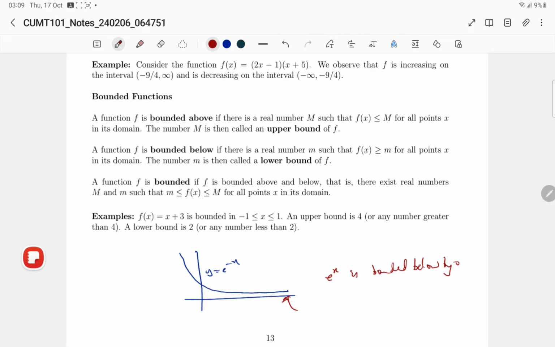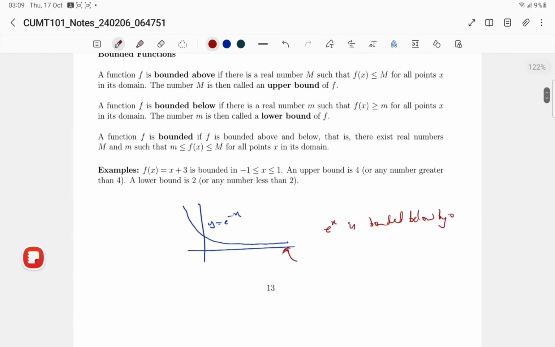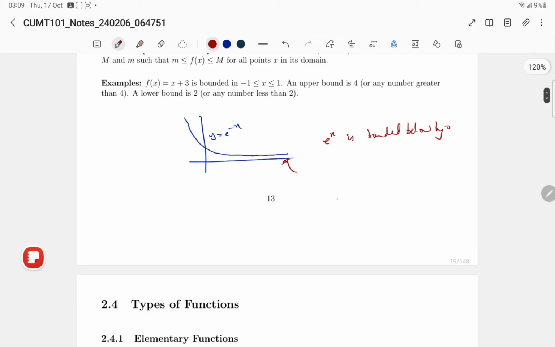Then we can also have a function which is bounded above. Let's consider a function like y is equal to sine x. If we have a graph for sine, it looks like this. This one is 0, this one is pi, this one is 2 pi.